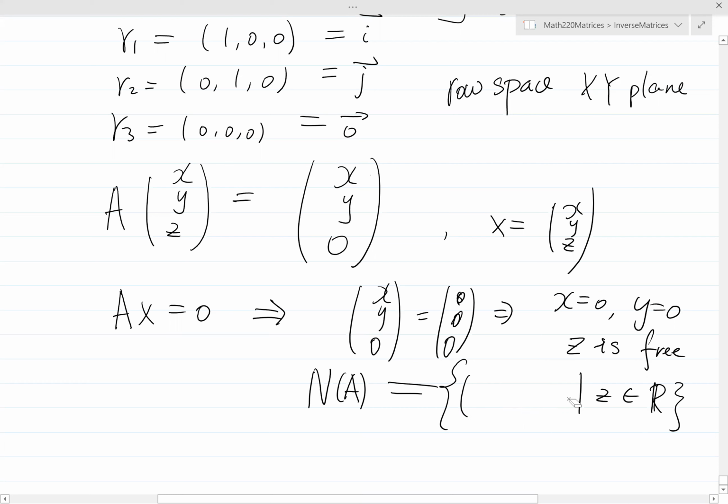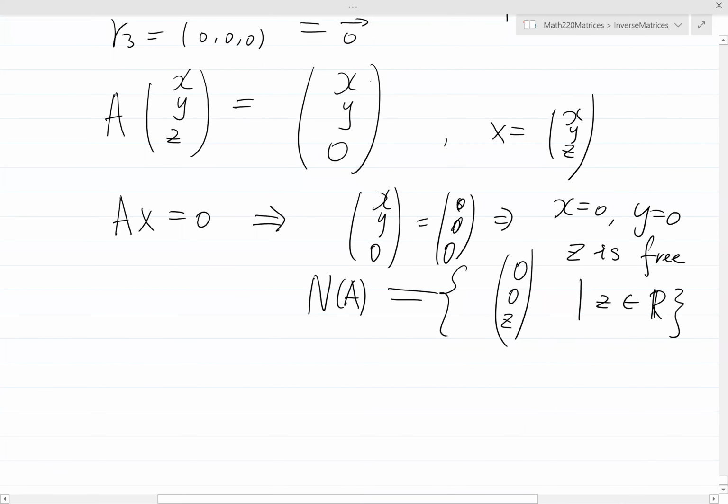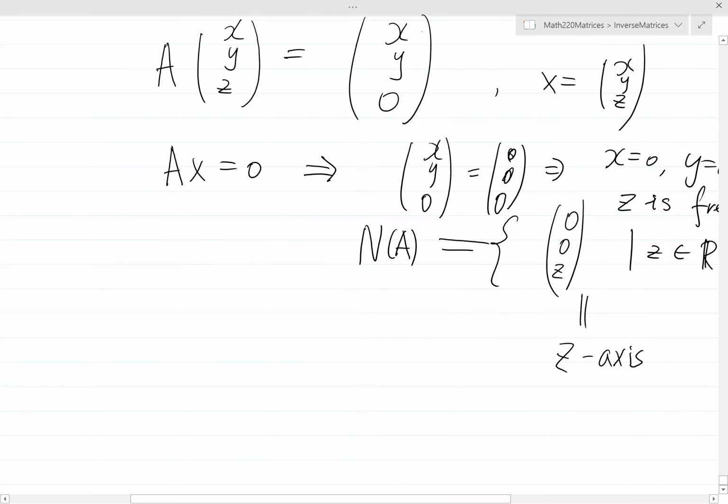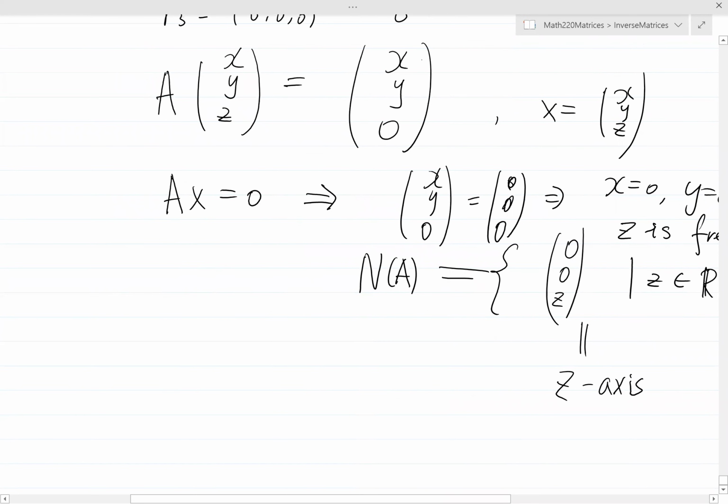I should write it as column vectors. So (0, 0, z). Now you see, this is exactly the z axis. Okay, z axis, which is a line. Again, the row space is the XY plane, which has dimension 2, i.e. rank A, the dimension of the row space, is 2.